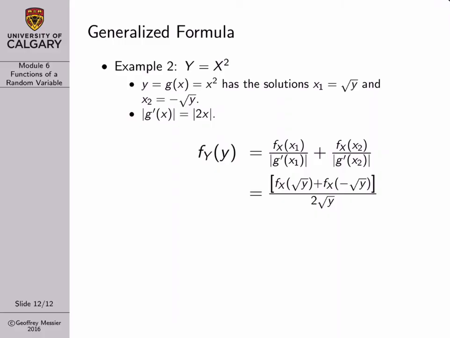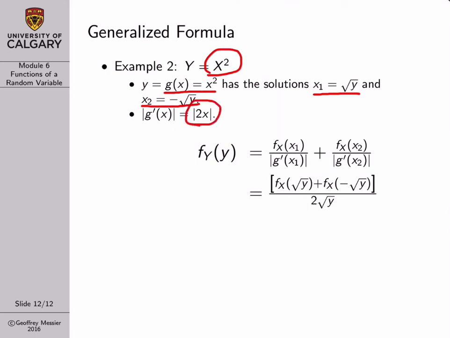In the second example, y is equal to x squared. The system function g of x equal to x squared has two solutions: x1 is equal to root y and x2 is equal to minus root y. The derivative of the system function with respect to x is 2x.